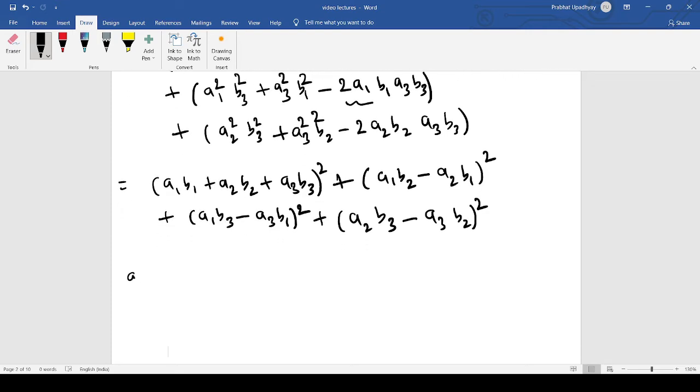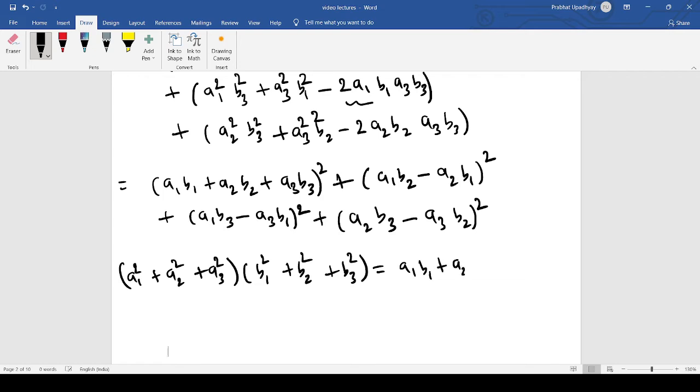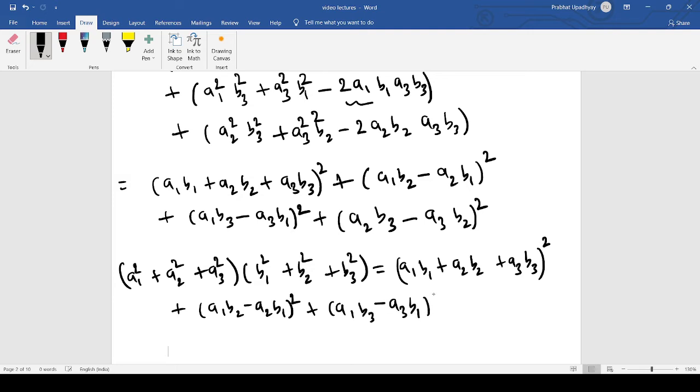So what you have got, a1 square plus a2 square plus a3 square multiplied with b1 square plus b2 square plus b3 square is equal to a1 b1 plus a2 b2 plus a3 b3 complete square plus a1 b2 minus a2 b1 square plus a1 b3 minus a3 b1 square plus a2 b3 minus a3 b2 square.